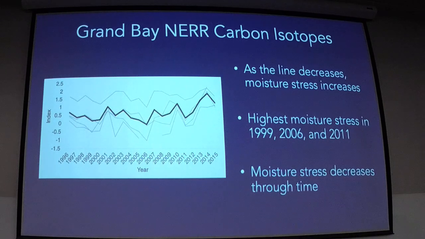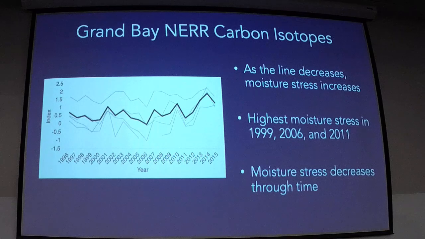So it's good to focus there because it really represents a stand of trees, not just one tree. And just for quick explanation, as that line decreases, moisture stress increases. So the way I like to think about it when I'm first looking at these data is to say, okay, down is bad and up is good.